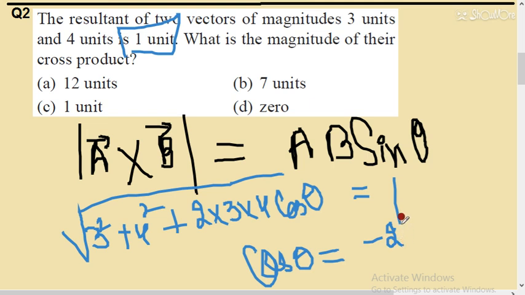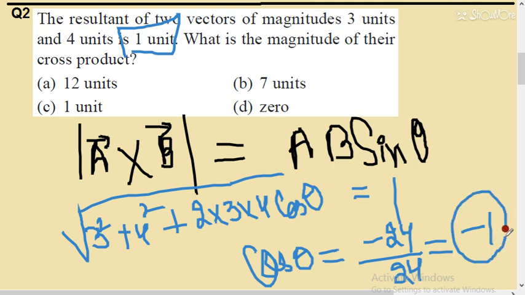So this is the complete step for finding the angle. So minus 24 by 24, that is equal to minus 1.